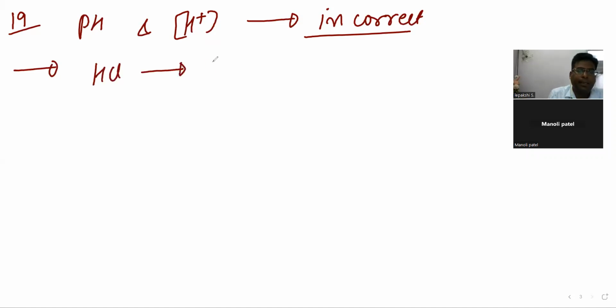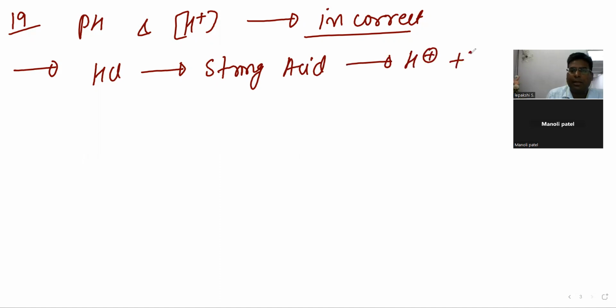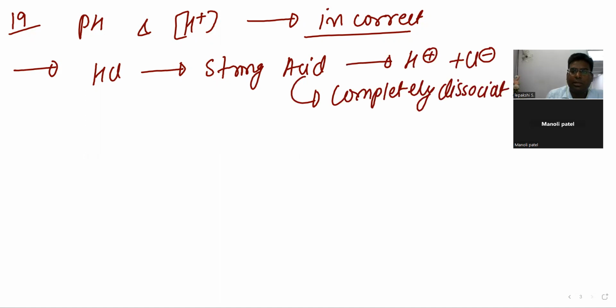HCl is a strong acid. Why is it strong? When it dissociates into cation and anion, it dissociates completely. When any compound dissociates completely, that is a strong acid. Understood?